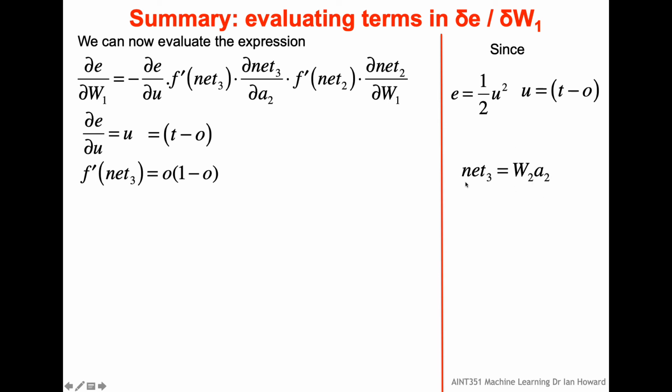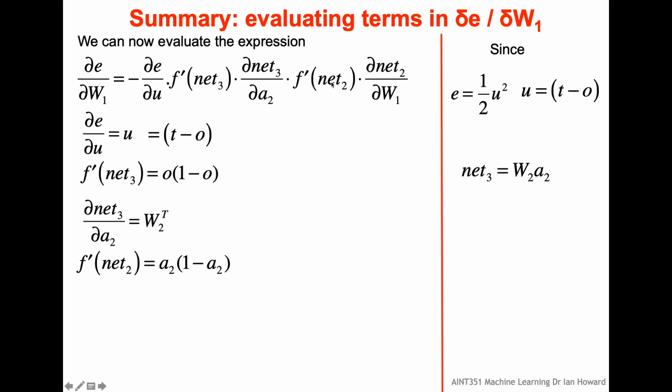So that's basically just saying that the linear output of the top layer is just the weighted sum of the activations coming in from the layer below, and that's easy to differentiate with respect to A. So when we differentiate this expression, we end up with something which is transposed, right? So the W2 gets transposed, and that's all that remains.